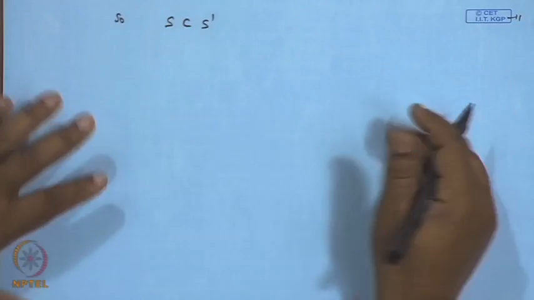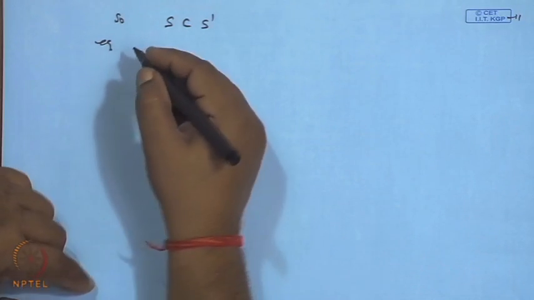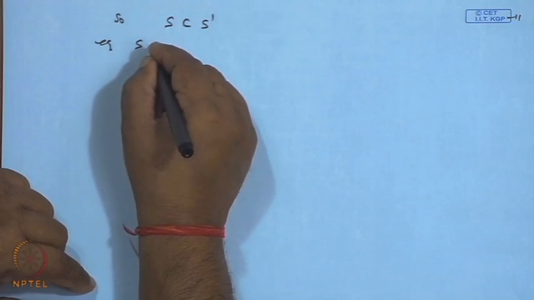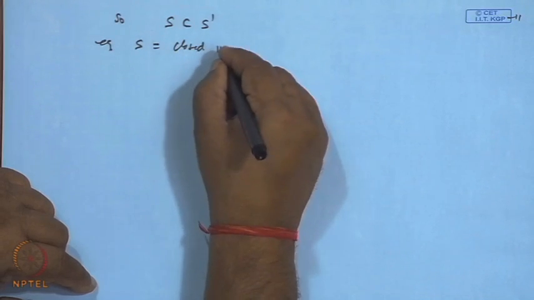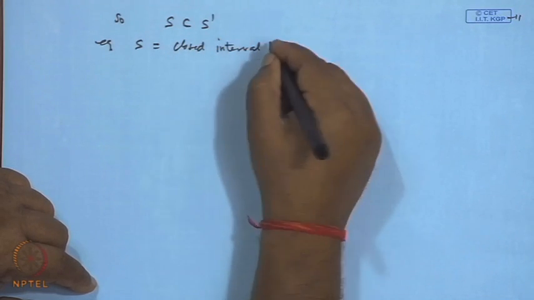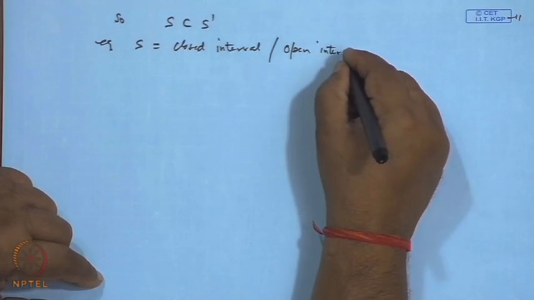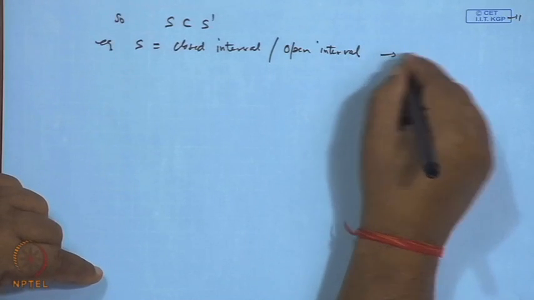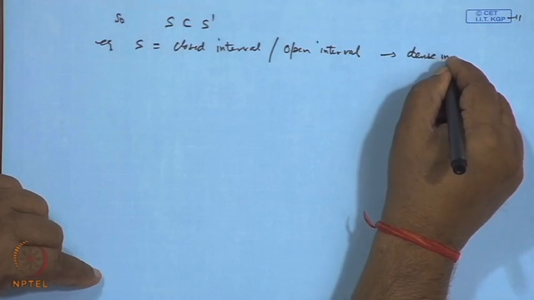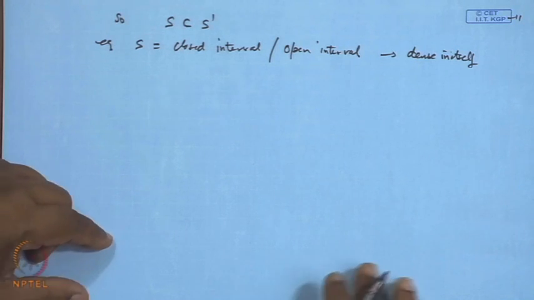Okay. Thus, for example, if we take the set S as a closed set, closed intervals, or all may be open intervals, these are all dense in itself. Okay.